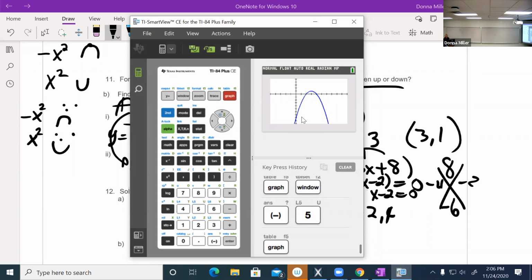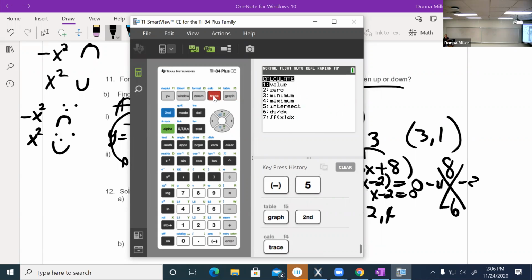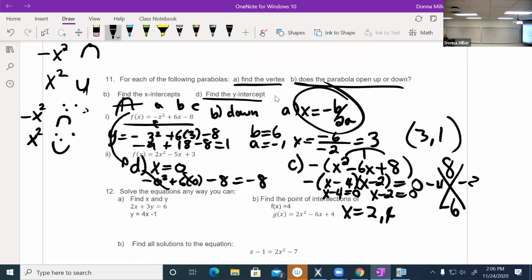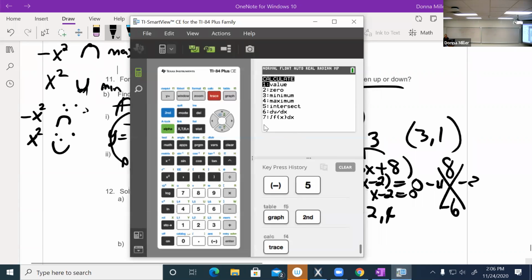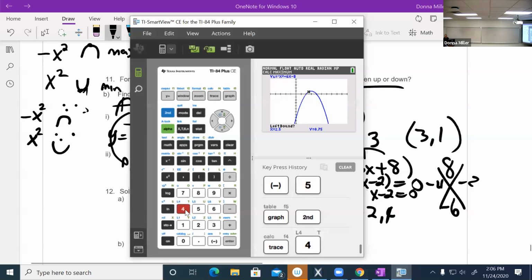But just to remind you how to find the stuff, using a calculator to find the vertex, you hit second, calc. I want to find either minimum or maximum. If it opens down like it does there, this is a maximum. If it opens up, it's a minimum. So in my case, the graph is a maximum, so I want number 4.